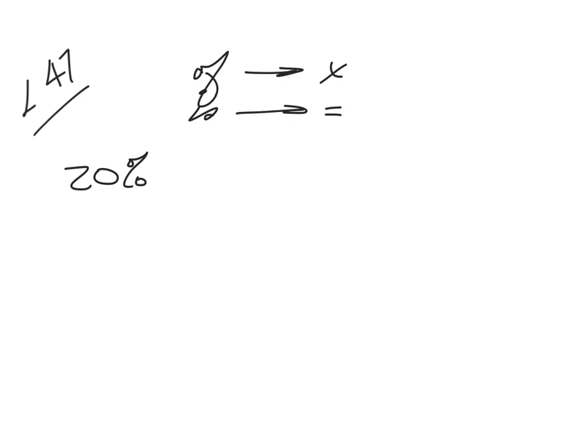If you remember, the word "of" always represents multiply, and the word "is" represents equal. So when we look at 47, it says 20% of what number, we'll call that x, is, we'll call that an equal, 15.